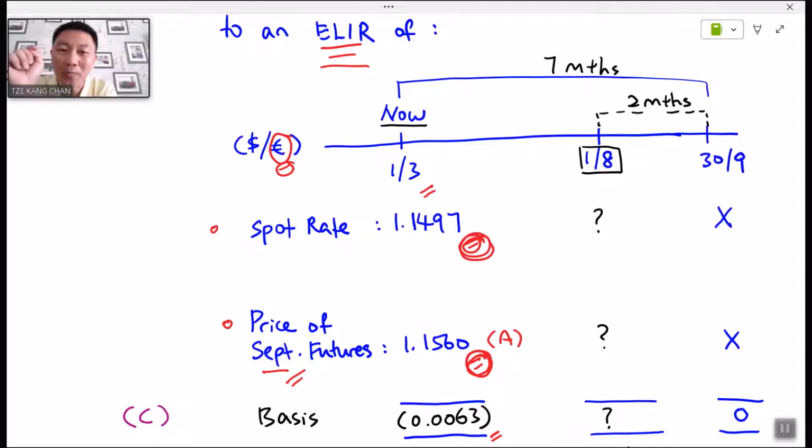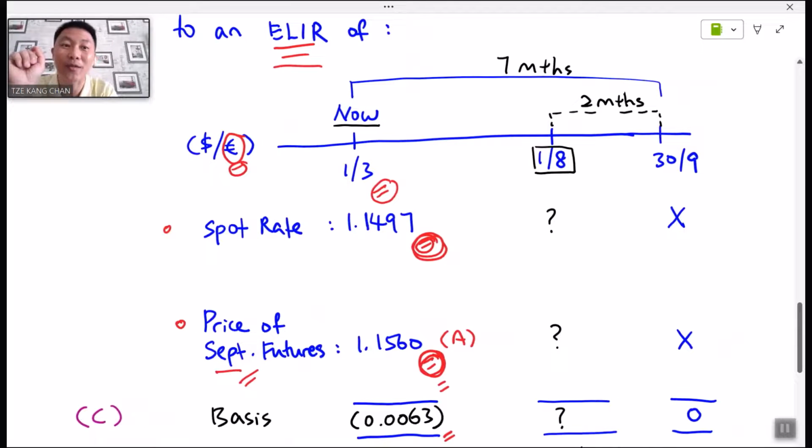One on the top is the price now. The second one at the bottom is the perceived value of the price when the futures contract expires at the end of September. Clearly, between 1st March and the end of September, there is a timing difference of 7 months.